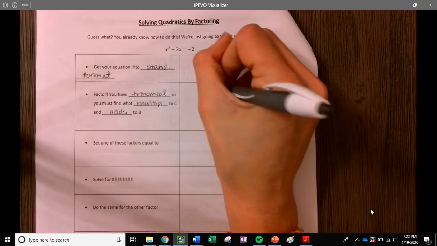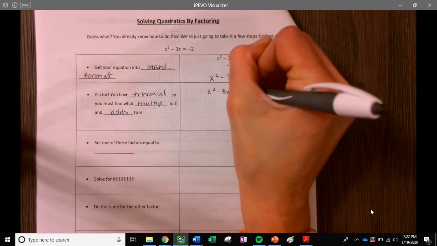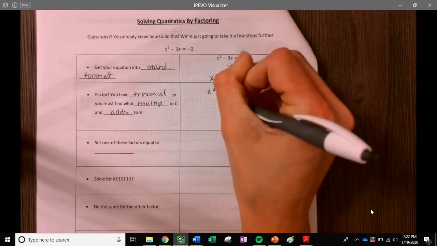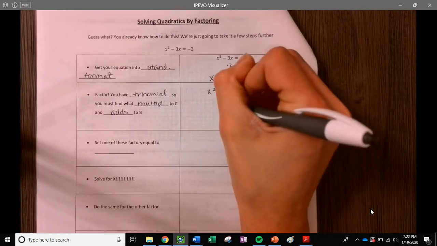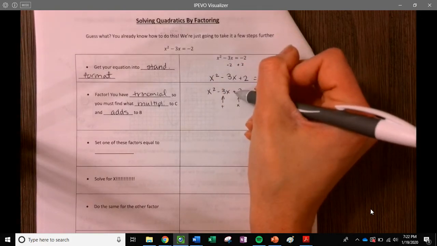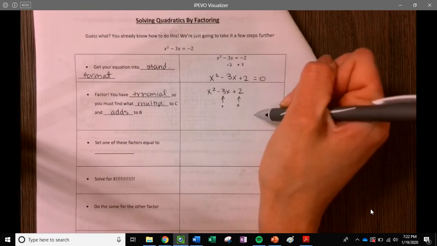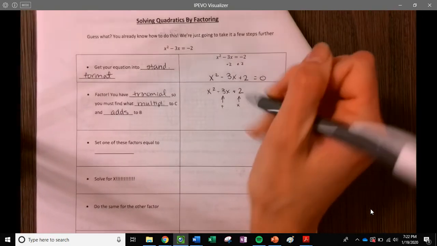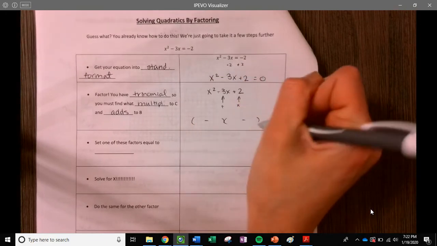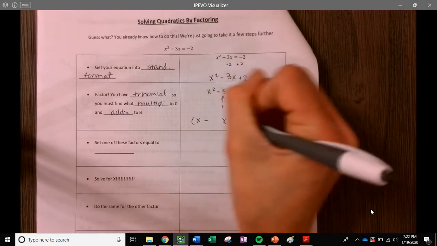So if I've got x squared minus 3x plus 2, what two numbers multiply to 2 and add to -3? I've got a plus sign here, so I know the signs in my two sets of parentheses will be the same. My sign in front of B is a subtraction sign, so I know that both of my parentheses are going to have subtraction. Split up my x.